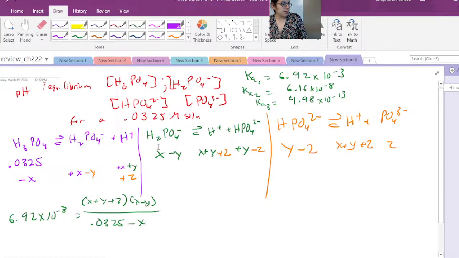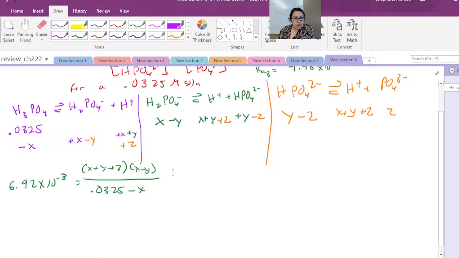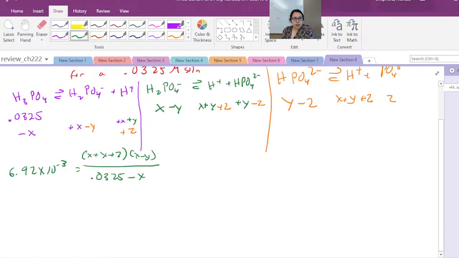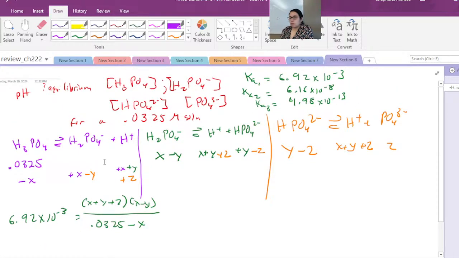But this is where a lot of assumptions are made. You can get rid of the y and the z here, just assuming that this change is really small.